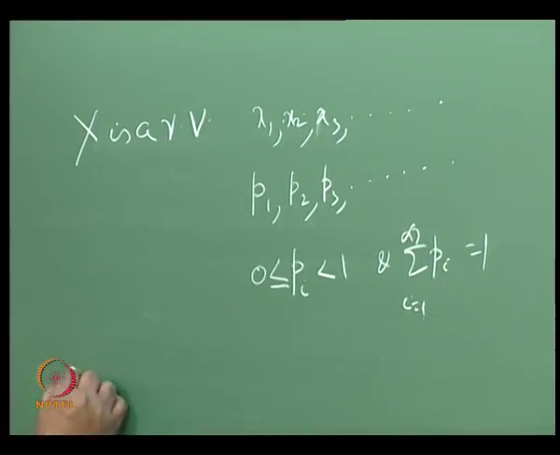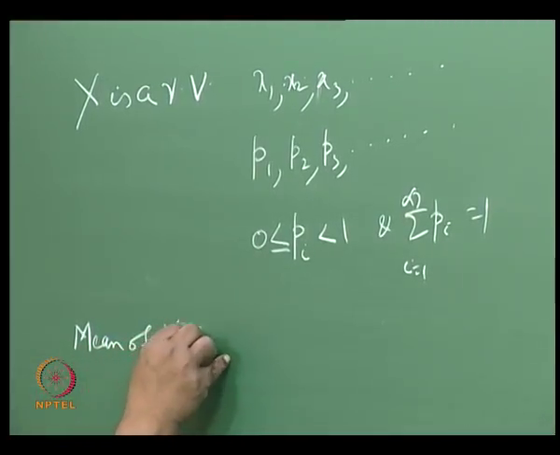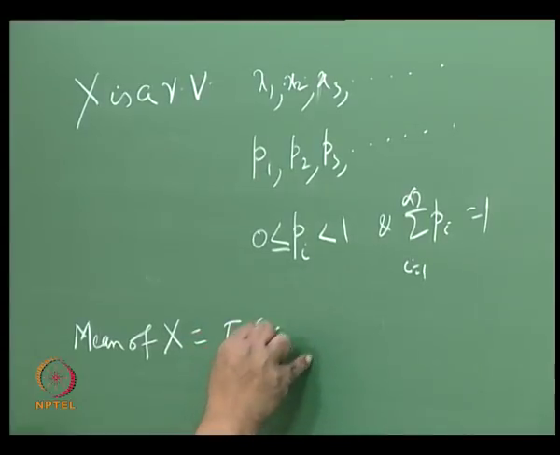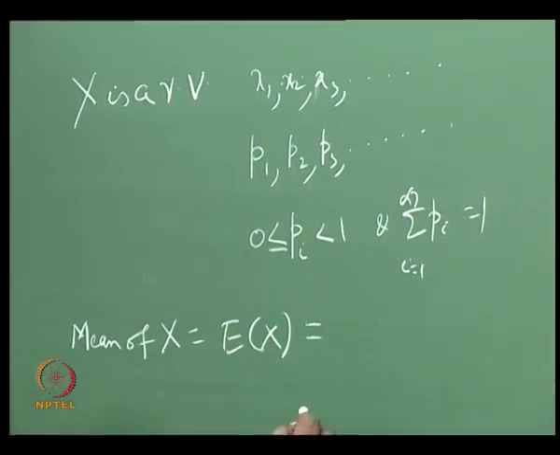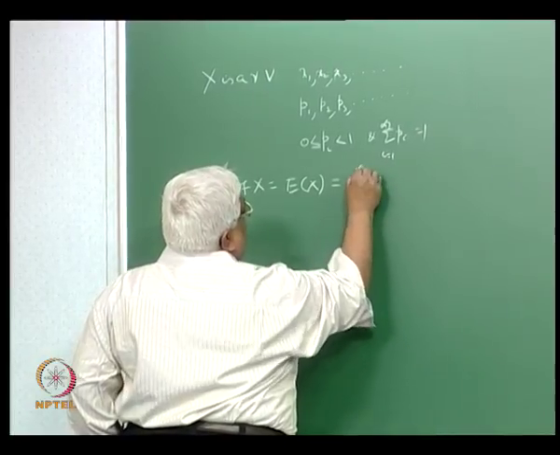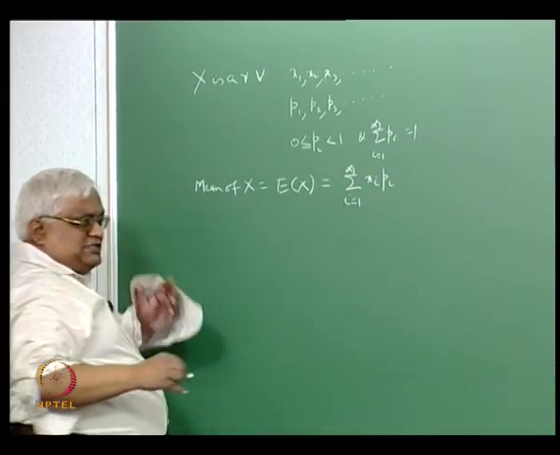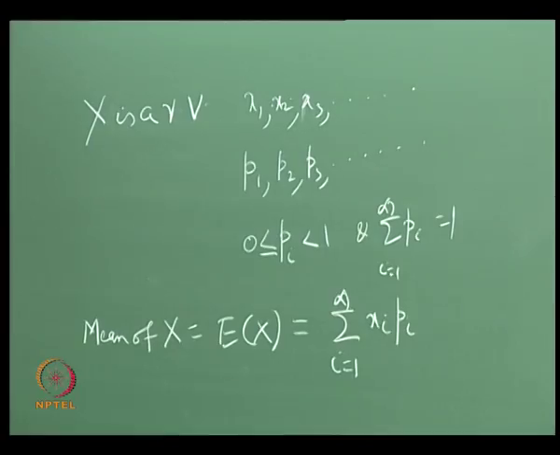Then the mean of the random variable X, which is denoted by expected value of X, is equal to the summation i equal to 1 to infinity of xi multiplied by pi. I suppose all of you know this.